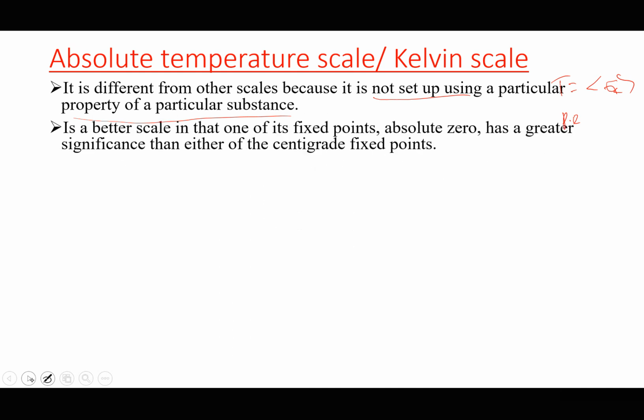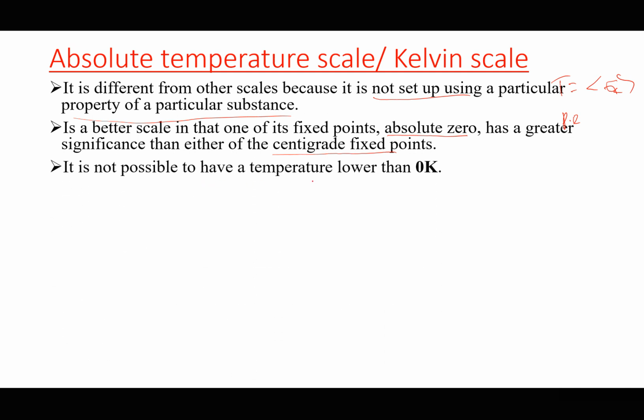Number two, it is a better scale simply because one of its fixed points, the absolute zero, has greater significance than either point of the centigrade scale, which are actually variable depending on the environment, as impurities vary the centigrade fixed points. Number three, I've also mentioned that it is not possible to have a temperature lower than 0 Kelvin.